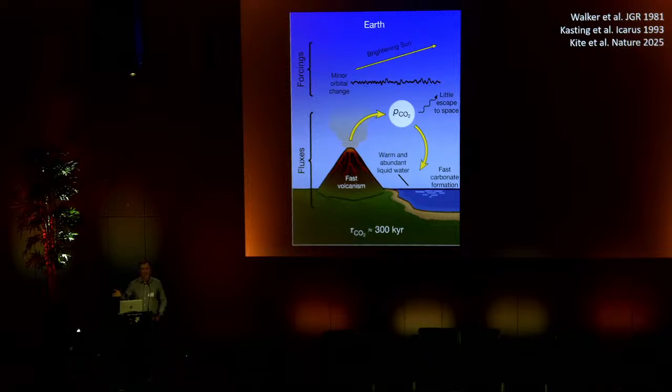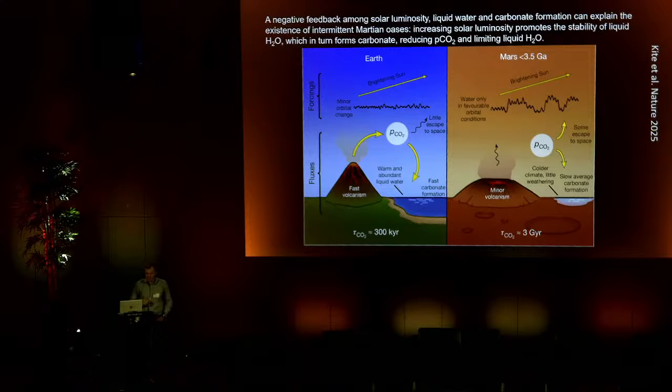In this model, the sun's brightening is secondary, and orbital change is also secondary, although it can produce spectacular results like the formation of glaciers. It is not actually controlling Earth's surface liquid water availability.